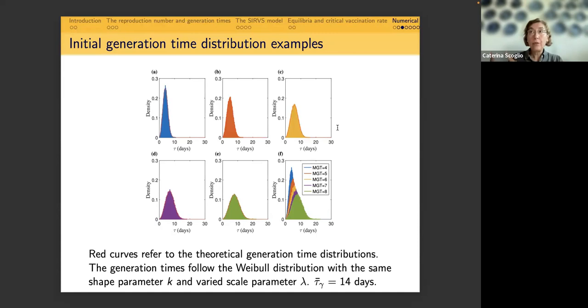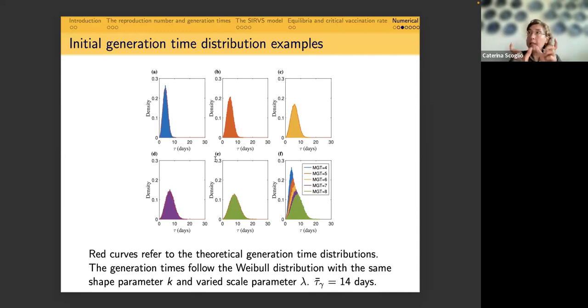From that infectiousness profile, we implemented the model, and we computed the distribution of the generation time. What happens is that the computed distribution follows perfectly the theoretical generation time.